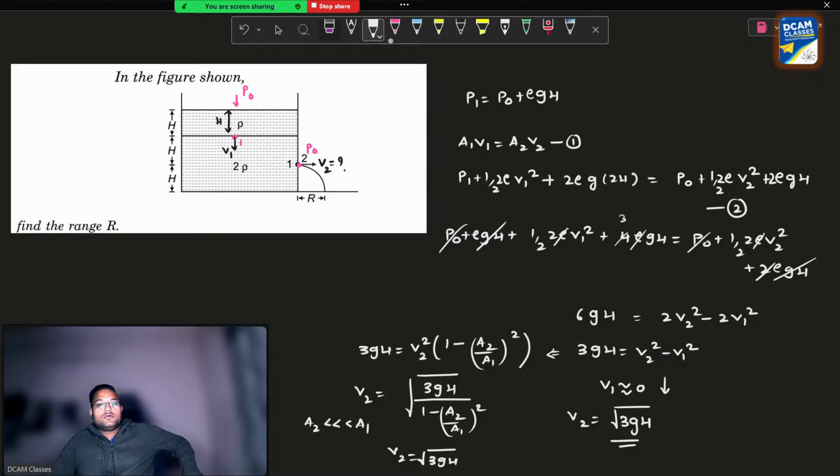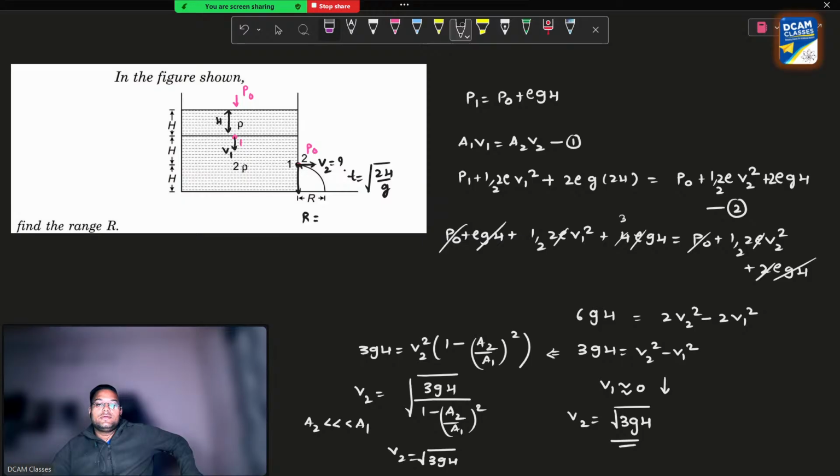Now once you have found the velocity here, after this it is only kinematics. The range R is from here to here, and because the velocity is horizontal, how much time will it take? T is equal to root 2h by g, from H is equal to ut plus half a t square, the kinematics formula.